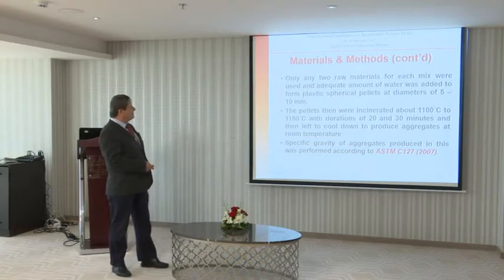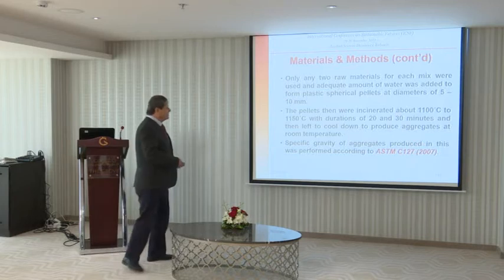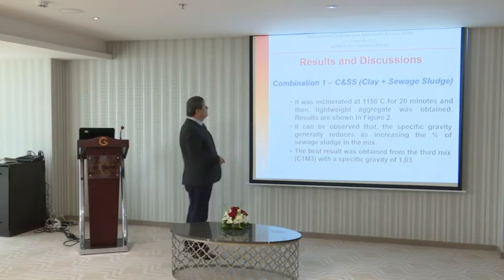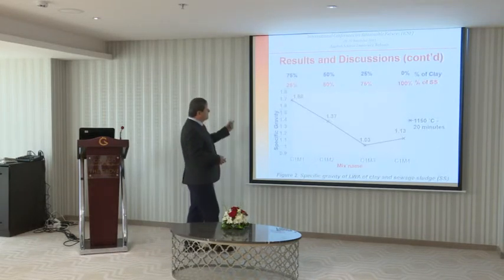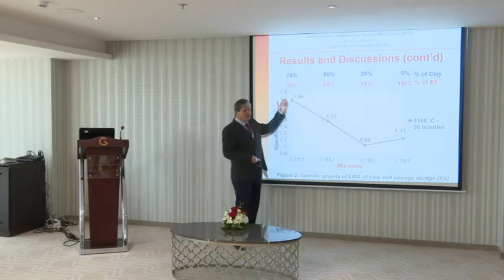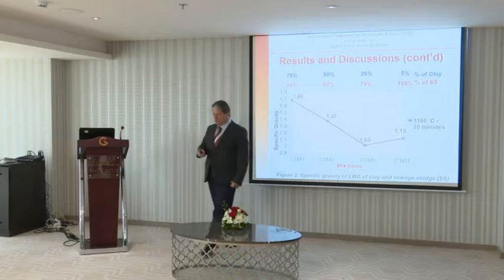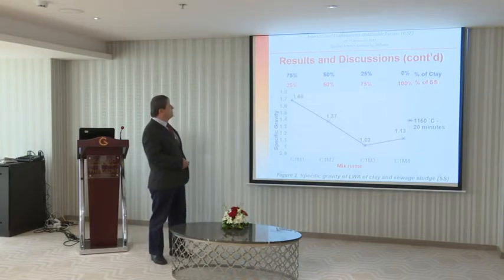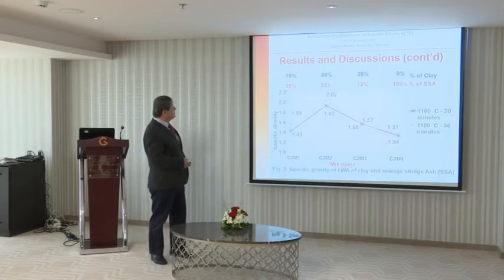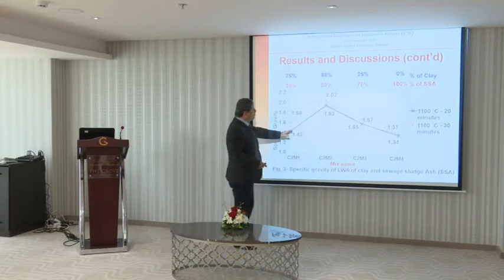Okay. So we insulated them for 20 and 30 minutes, and I want to come here. The result we obtained for different mixes, these are the specific gravities we produced for the first combination. In the second combination, these are the results we obtained.